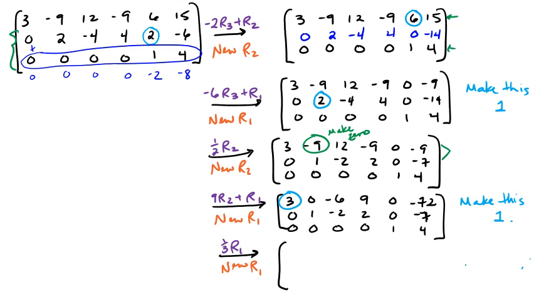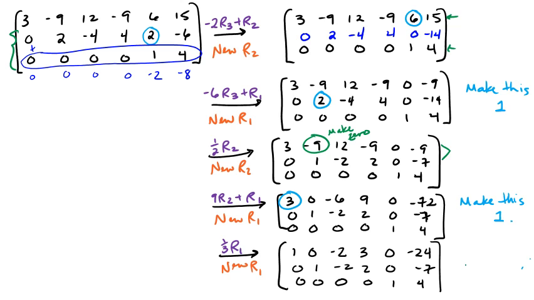So I am dividing everything in row 1 by 3. So I have 1, 0, negative 2, 3, 0, negative 24, 0, 1, negative 2, 2, 0, negative 7. The last row remains the same.